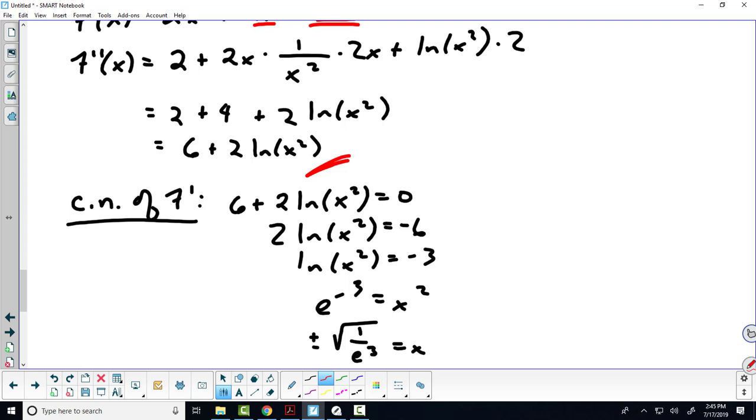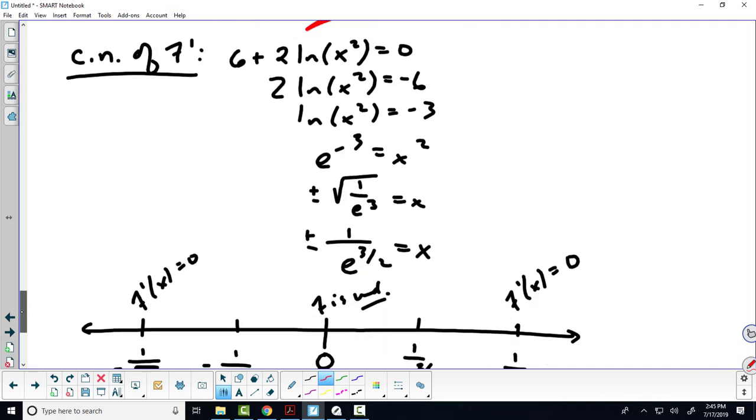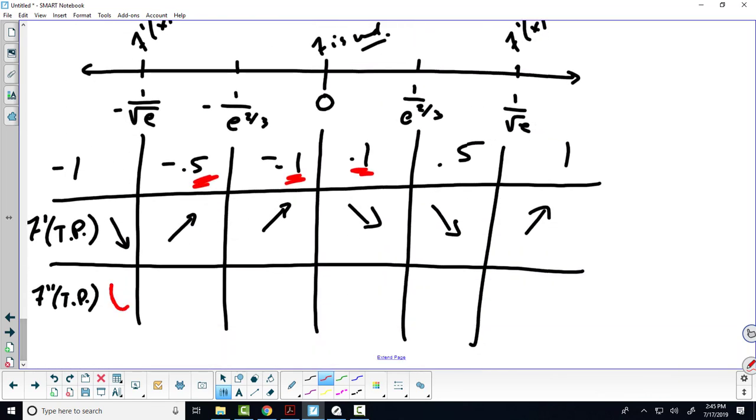That would take a little bit of checking, but if we did so, we would find that we are concave up, and then concave down, because the sign there changes from positive to negative in that interval. And we would still be concave down, concave up, concave up. Okay.